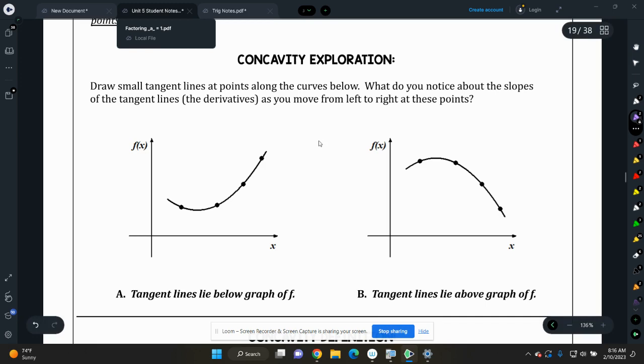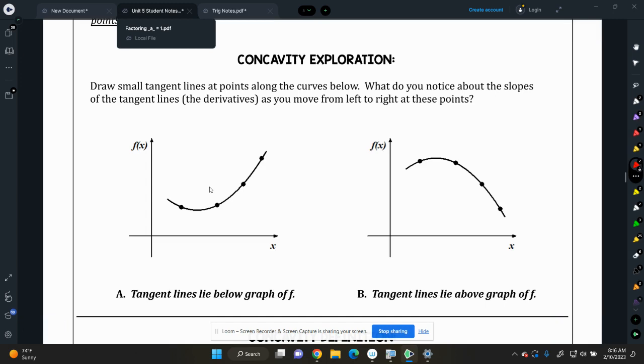Okay, if we look at this first example, we can see what's happening with our tangent lines, right? So we can clearly see that this is concave up, this is concave down.